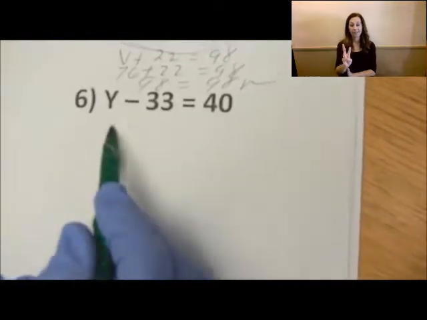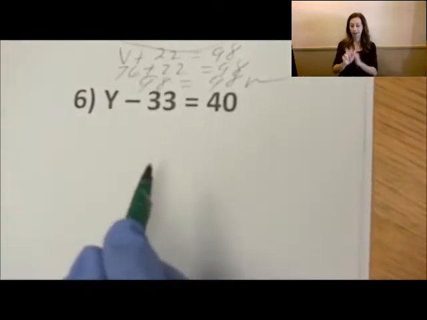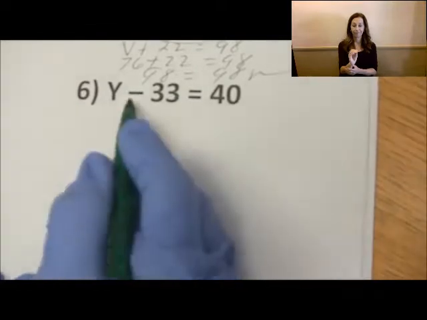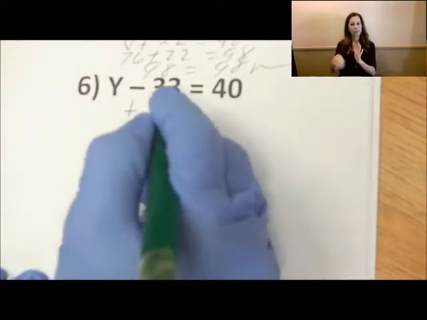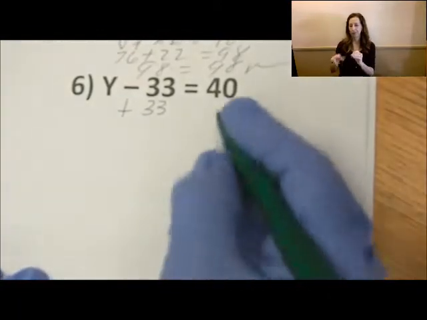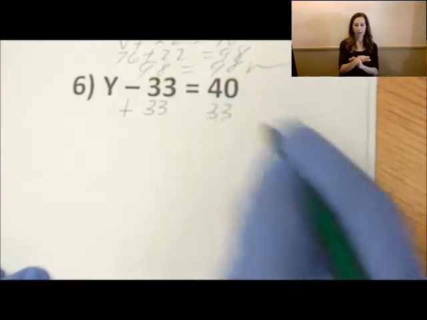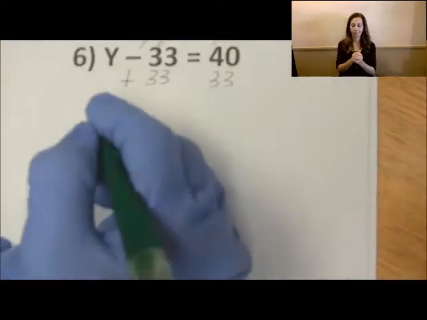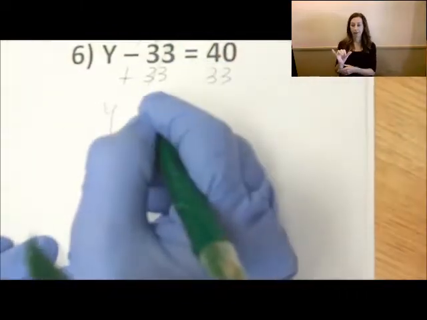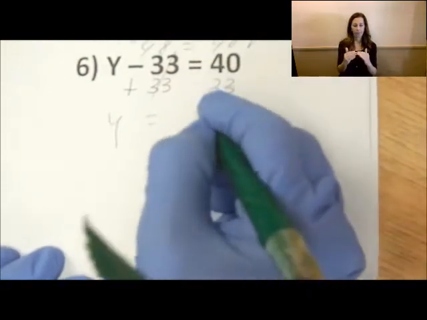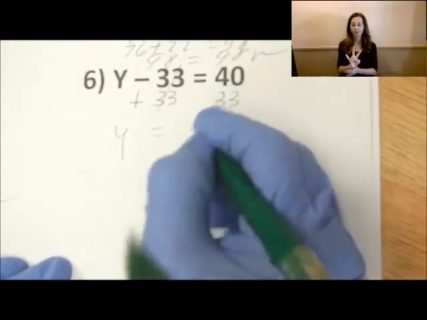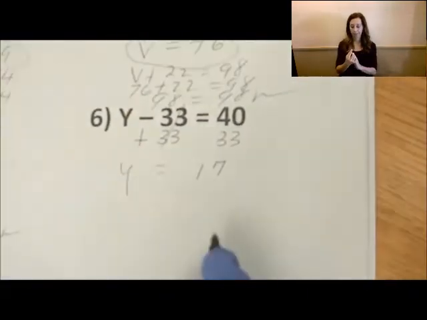Number 6, y minus 33 equals 40. We have a negative 33, so we're going to add 33 to this side, and we're going to add 33 to this side. So now we have y equals, because those two cancel, y equals 10 minus 3 is 7, 4 minus 3 is 1.